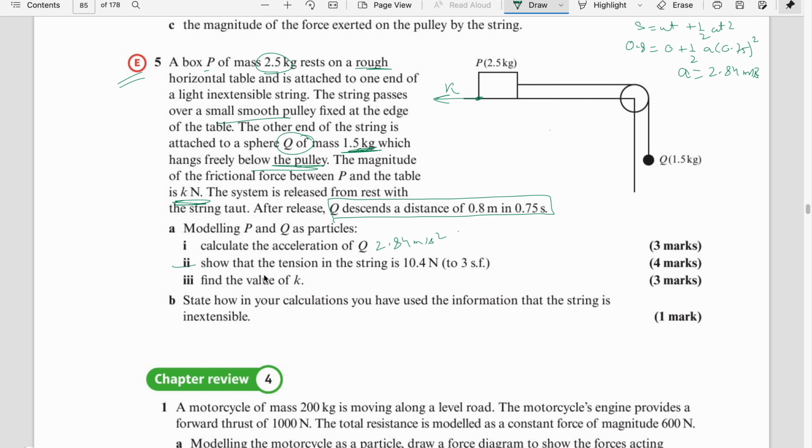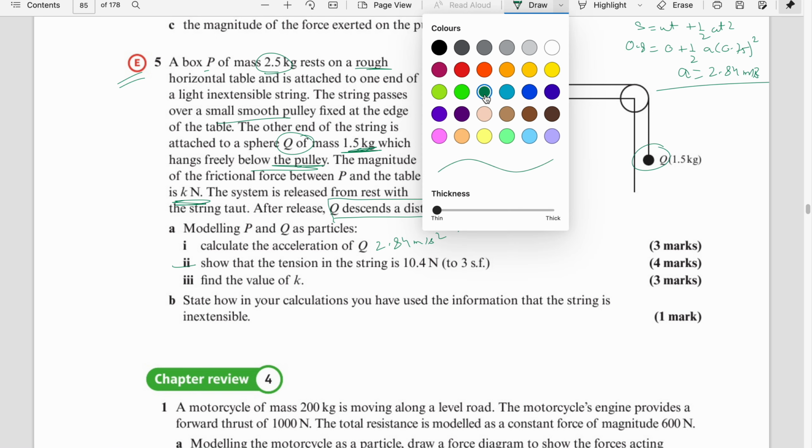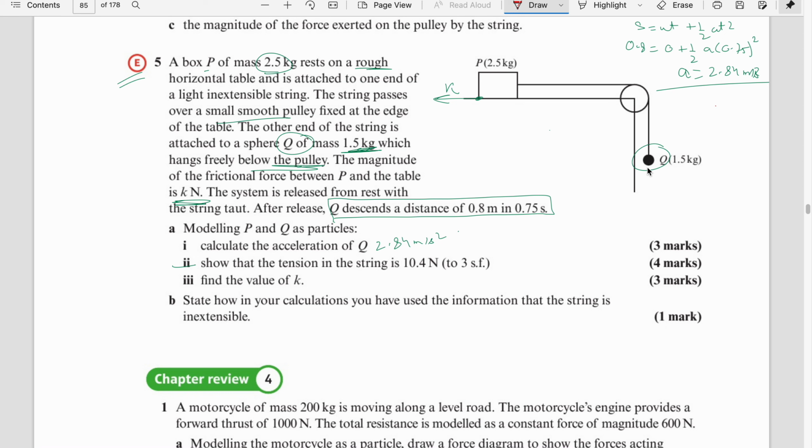The second part says show that the tension in the string is 10.4. So if we are talking about this, let me change this color. When it is moving down, that means weight is more than the tension, and weight minus tension equals MA. So weight is 1.5 times 9.8, and tension is upwards, that is unknown. Mass is 1.5, acceleration is 2.84.